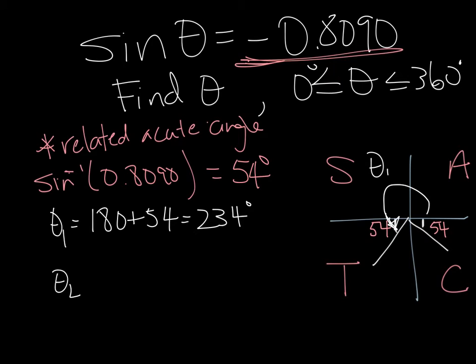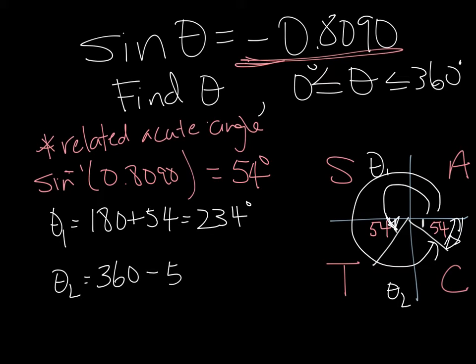Theta 2, going all the way around, so like this, that's theta 2, means we go past the 270, or maybe we could go to the 360. So if we went all the way to the 360 and then back, take that 54 off, I end up with 306 degrees. So the two angles for sine theta equal negative 0.8090 are 234 degrees and 306 degrees.